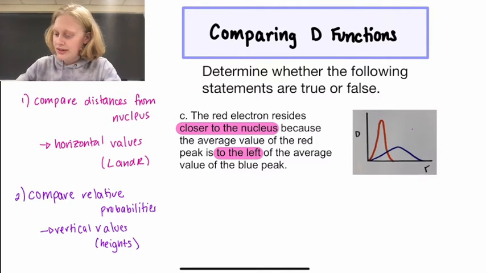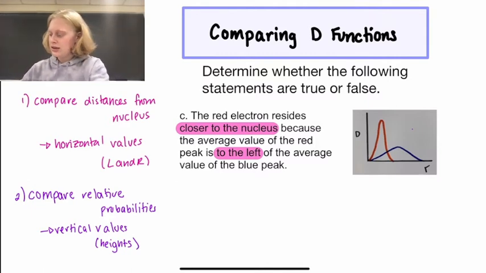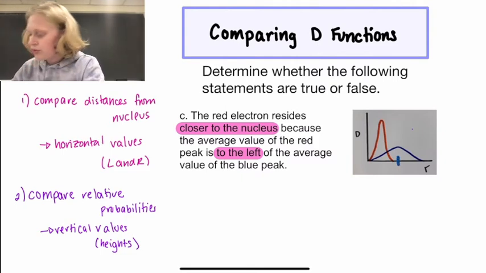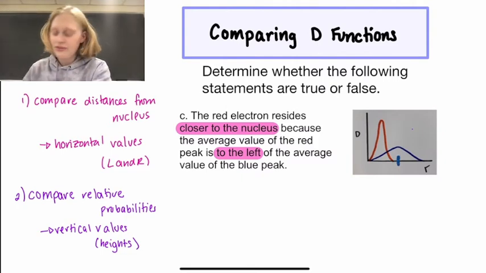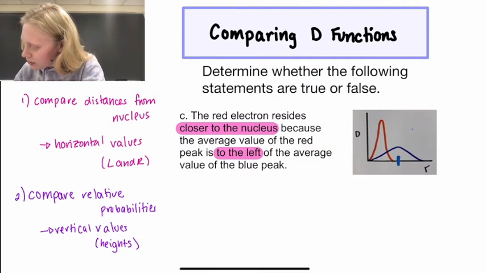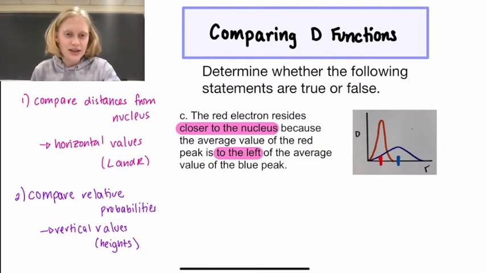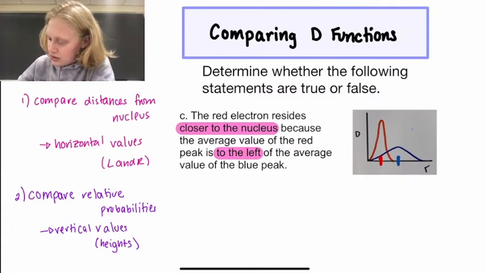Let's double check to make sure they are correct. Again, we'll start with our blue function. It has an average value right there. And our red function has an average value here. So they are correct. The red one has an average value that's to the left of the blue function, meaning that it is on average closer to the nucleus. So this statement is true.